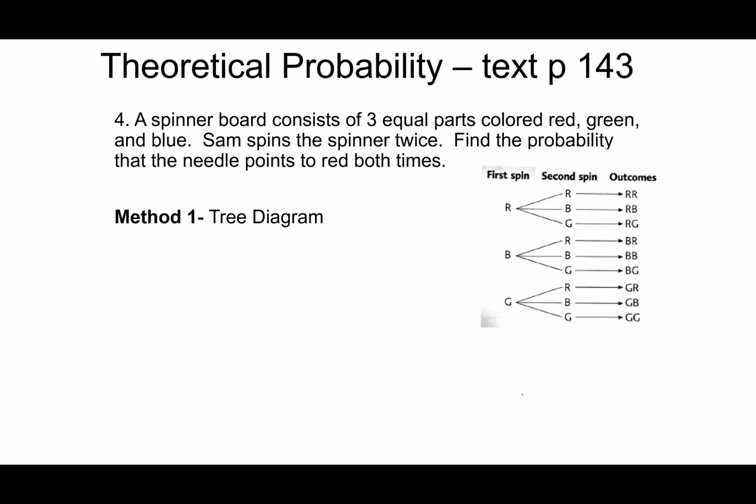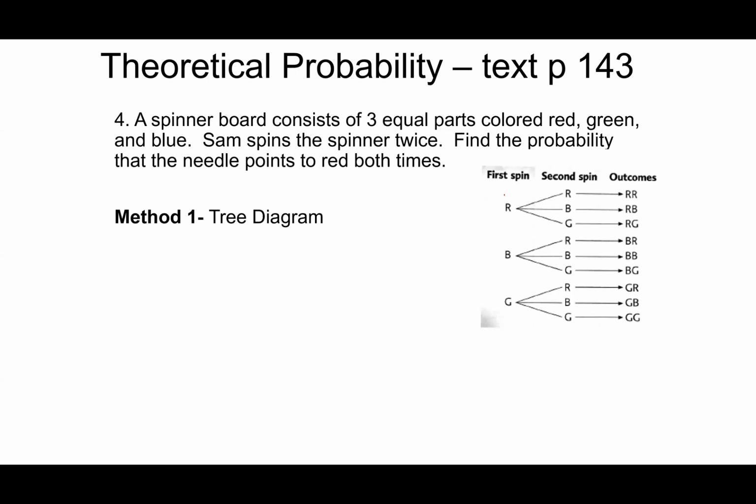Okay, so this time we've got a spinner board consisting of 3 equal parts colored red, green, and blue. Sam spins the spinner twice. Find the probability that the needle points to red both times. Okay, so here are all of our possibilities. On the first spin, we could get red, blue, or green. And then for each first spin possibility, we have 3 second spin possibilities, right, you guys?